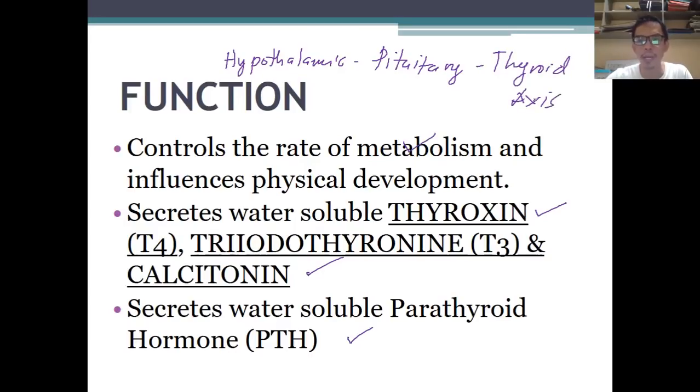Please take note that the thyroid gland will not function on its own unless you have a disorder in this particular organ. It will get its instruction from the pituitary gland, and the pituitary will get its instruction from the hypothalamus.